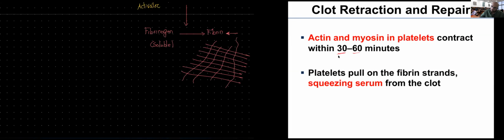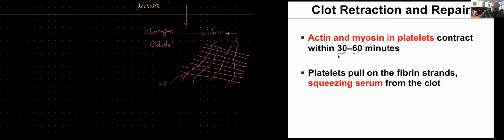And if you remember, coagulation factor 13 is the one who's going to be responsible to build those connections between the fibrin threads in order for you to use them to build your fibrin mesh.